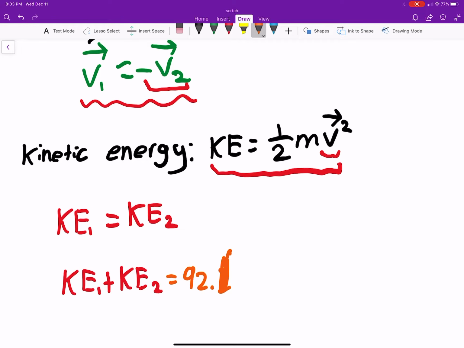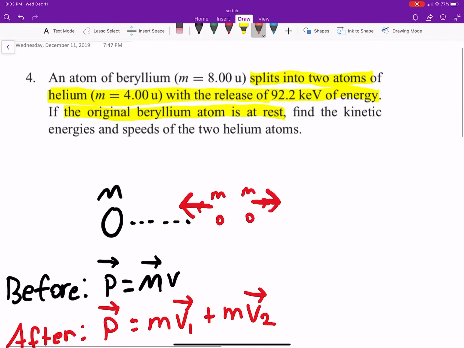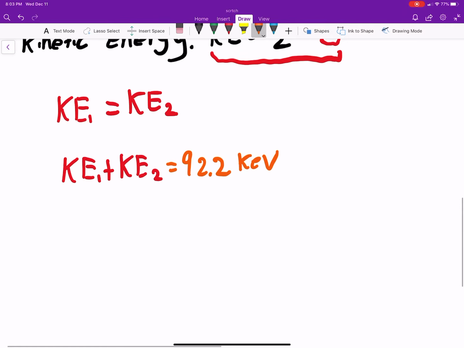It's equal to the total amount of energy. Because the only kinetic energy we're getting is from the two helium atoms. We're not getting any kinetic energy initially because the atom's at rest. So this amount of energy has to be accumulated from the two kinetic energies.